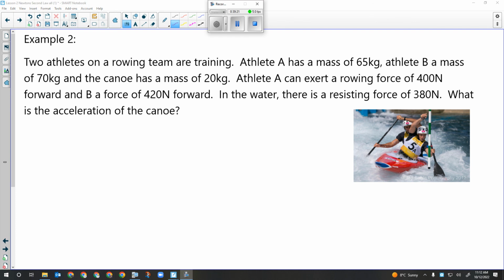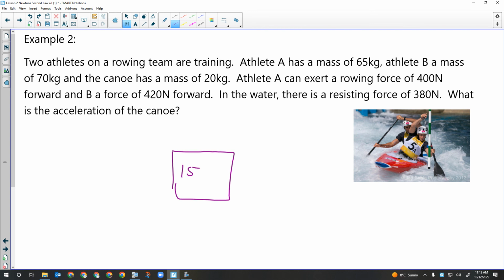As Alec pointed out, the trick in this question is people forget to add the masses of the athletes to the mass of the canoe when they do the calculation. They're in the canoe, thus they're part of the mass that's being accelerated. So when we're drawing our free body diagram, we're going to have 20 plus 85, 155 kilograms worth of mass in total being accelerated in this question.